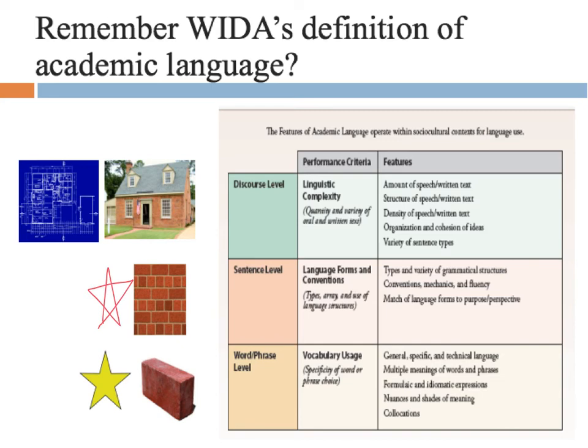And the discourse level, all about how texts are organized, how ideas flow from one to the other, how you're ultimately able to make larger meaning out of individual ideas. And so you are absolutely working at the discourse level as well. So all of these features of academic language become crucial as people are reading texts.